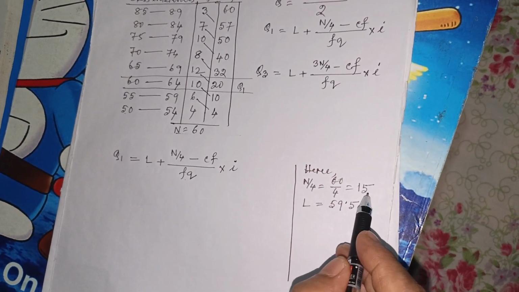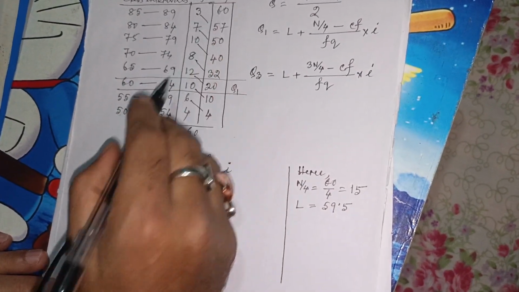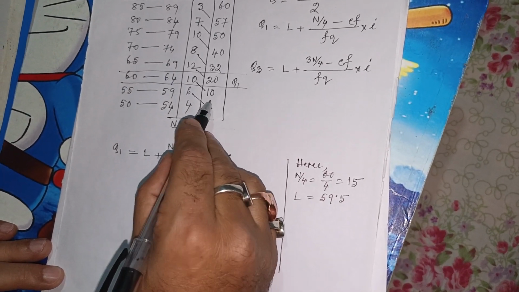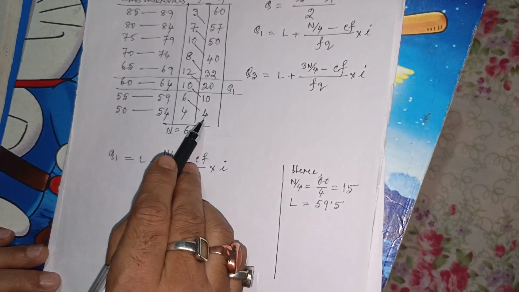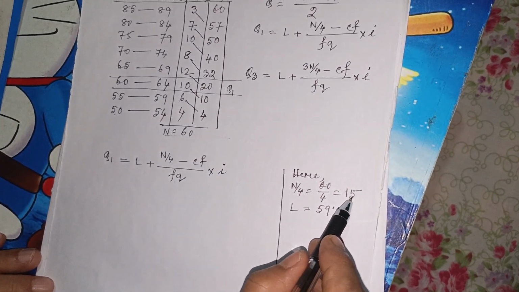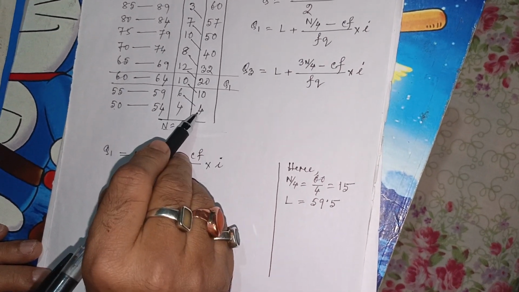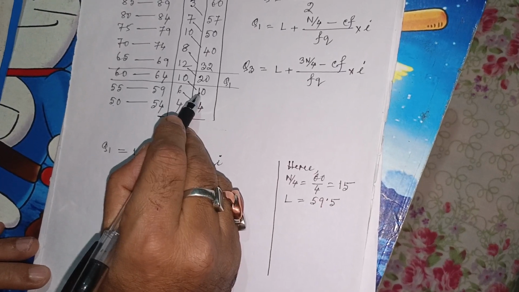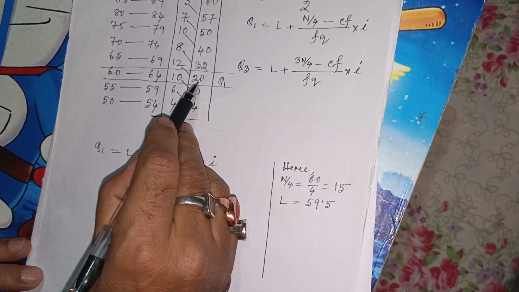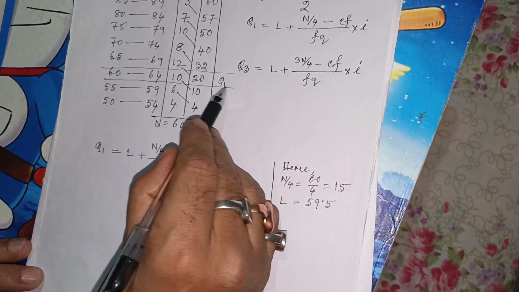Are you getting? So how did we calculate L? After getting N by 4, in the CF column, from the starting point, from the bottom, we started in this way. You have to see on which number you can get 15 or 15 is lying. So 4, it is not 15. Then 10, still it is not 15. Then 20. Ultimately 15 is lying on this number. That's why this is our first quartile series.